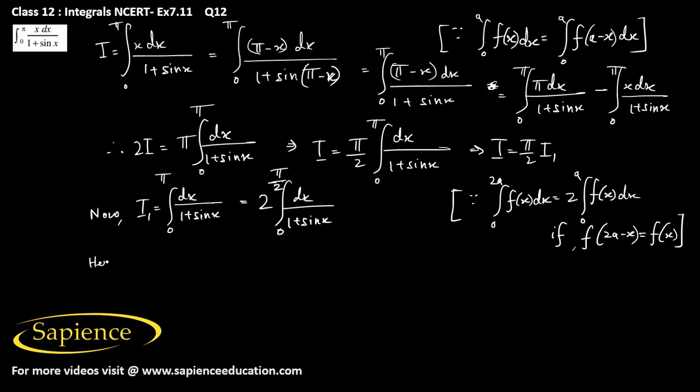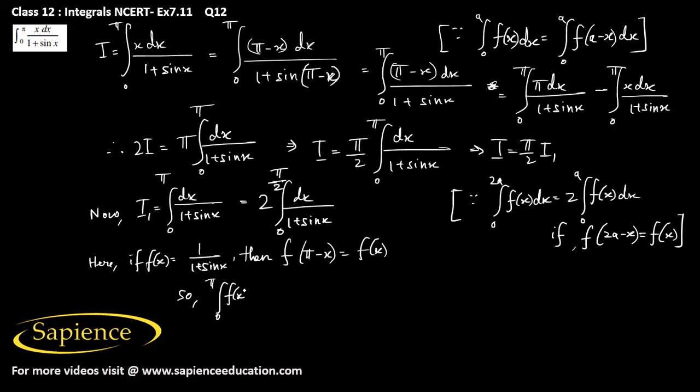So here also, if we take the function f of x as 1 by 1 plus sine x, then f of (pi minus x) is also equal to f of x, since sine of (pi minus x) is sine x only. So if we take pi equals 2a, then the integral from 0 to pi of f of x dx will be equal to 2 times the integral from 0 to pi by 2 of f of x dx.